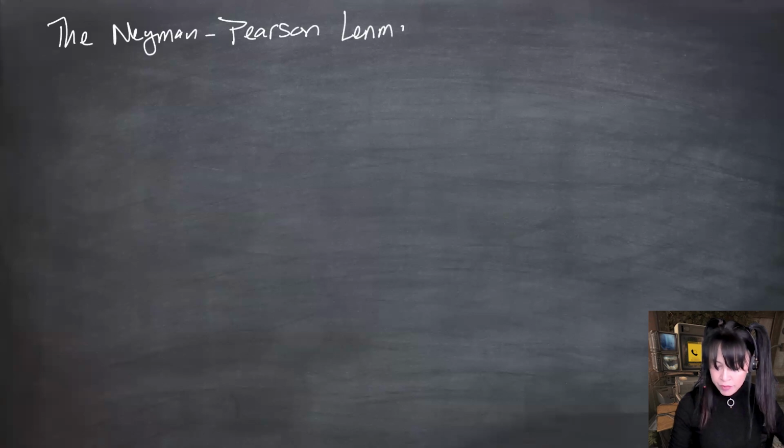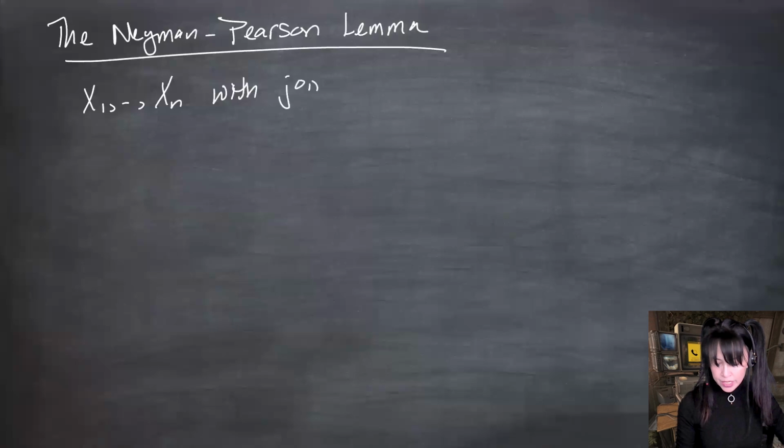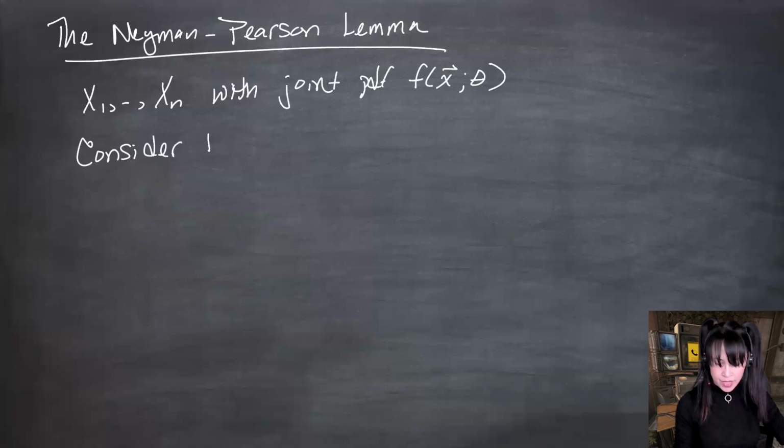Basically, it's a building block for a best test when we're not in the simple versus simple case. So the setup is I have X1 through Xn with a joint PDF f of x vector and theta, and they're probably IID.